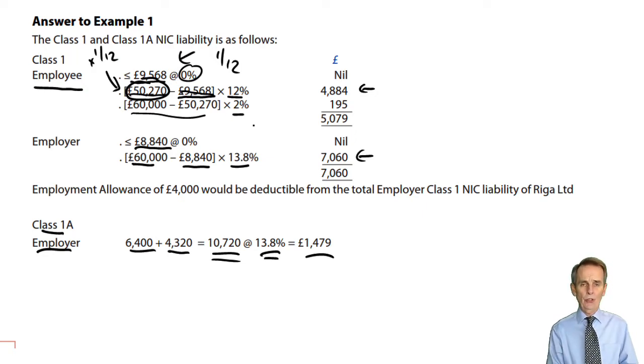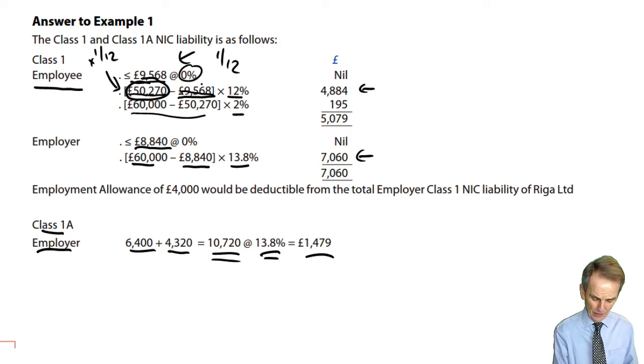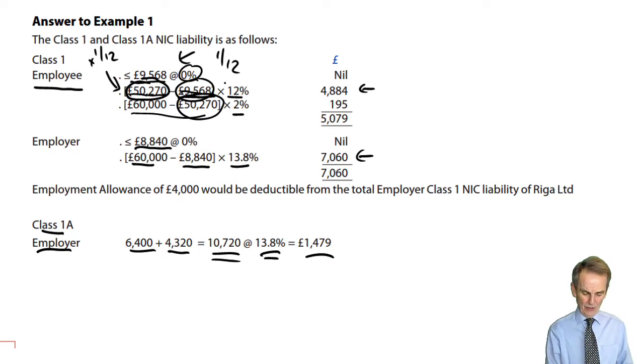We do our apportionment to the nearest month. If it was for 1 month, for the employee, to work out your figures, you would take 1/12 of each of the lower threshold of 9,568 and your upper limit of £50,270, as shown there.